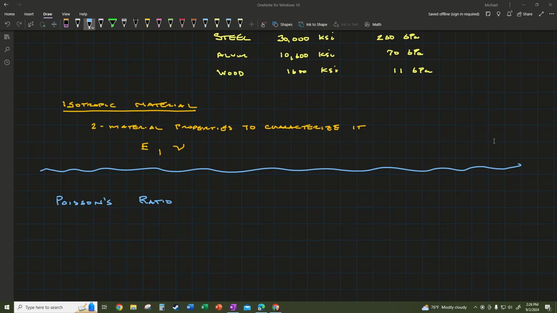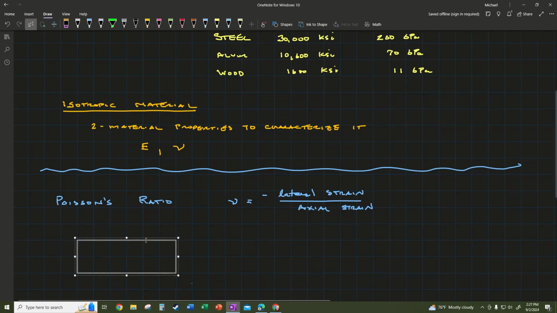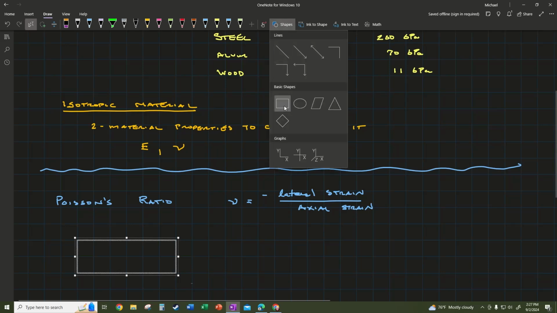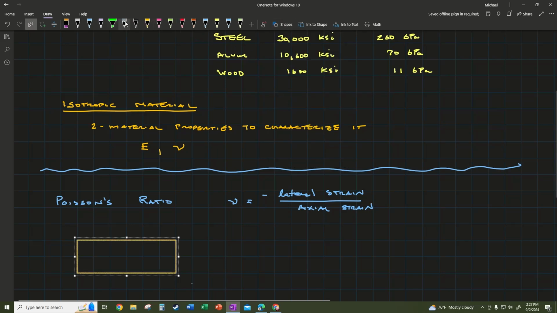Poisson's ratio is simply defined, we use the Greek letter nu, as the negative of the lateral strain divided by the axial strain. And what does that mean? Say you have a material here and you're going to load it in tension.